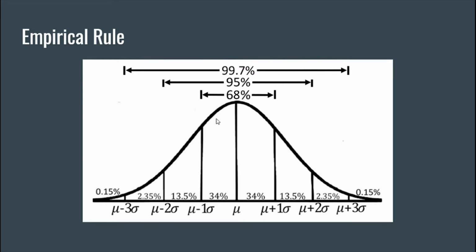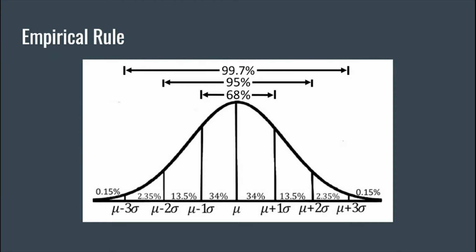So the empirical rule uses these estimations. Within 1 standard deviation, and you'll hear this if you take a statistics class, whether it's an introductory, intermediate, or an advanced statistics class, the latter two especially will expect you to know what that means.